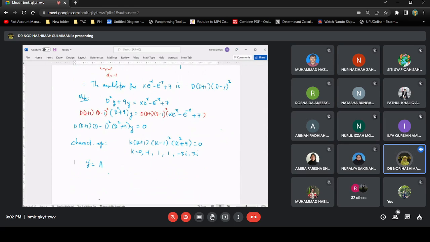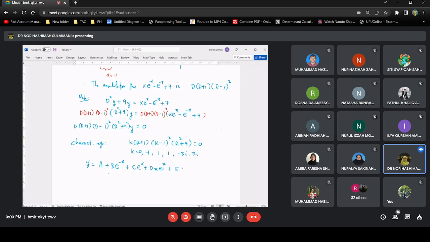A, E kuasa kosong A lah. Plus B, E to the power negative X, isn't it? Plus C, E to the power of X plus DX, E to the power of X plus apa?